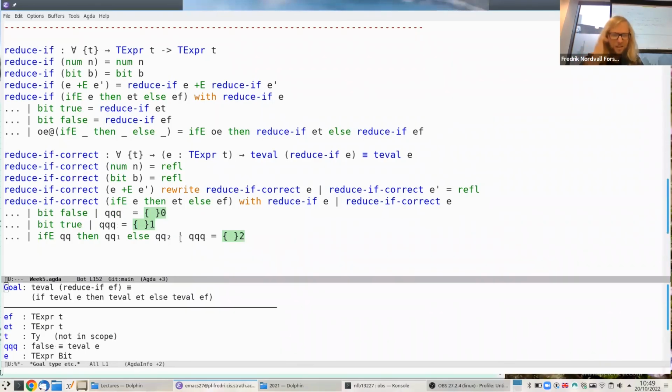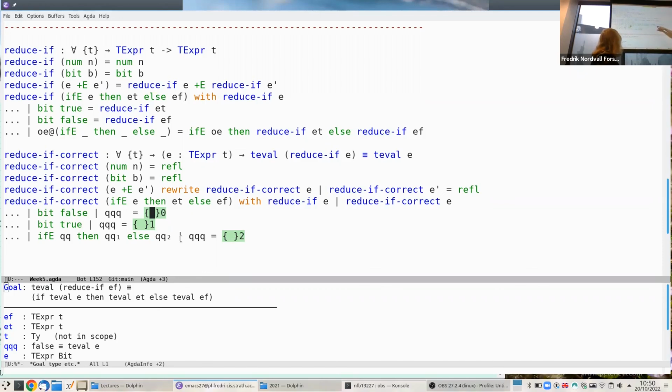So you will notice that the point here is that in the type of reduce if correct E, we have another occurrence of reduce if E. And it notices that, it says this is of interest. I want to abstract this from every place I can find it.